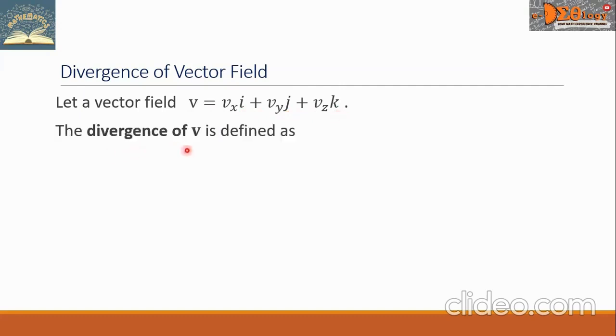The divergence of V is defined as div V equals gradient dot V, and we have this formula: partial derivative of v sub x with respect to x plus partial derivative of v sub y with respect to y plus partial derivative of v sub z with respect to z.